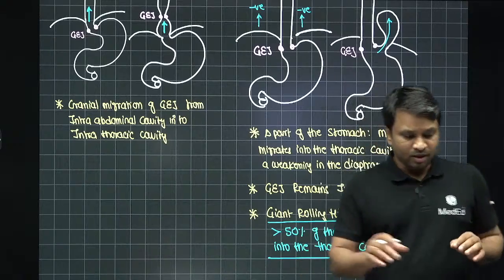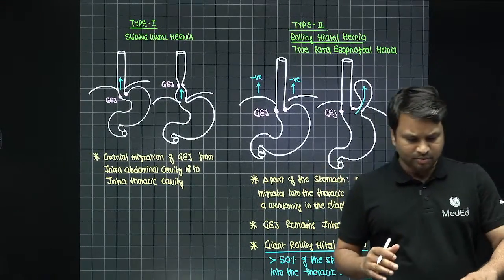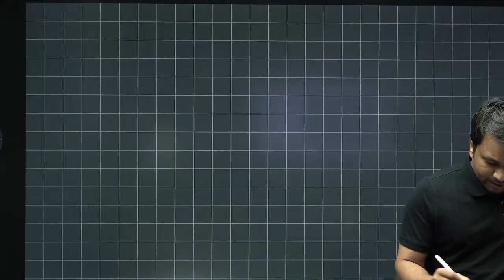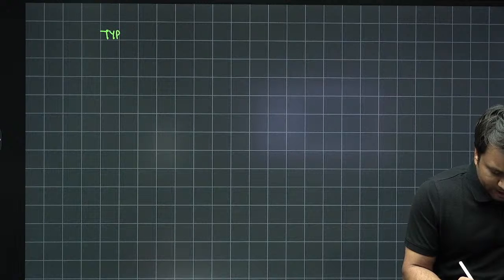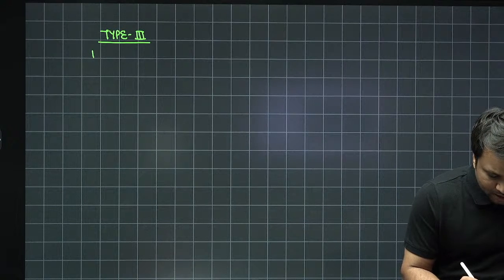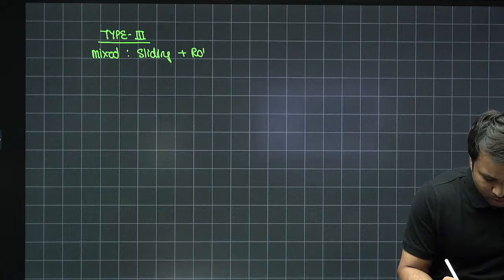Clear? So, this is about the type 1 and type 2 varieties, which is quite understandable, right? Then we have something called the type 3 variety. Let's understand that as well. So, what is a type 3 variety? A type 3 variety is called a mixed hernia, where you have both components of sliding as well as rolling.